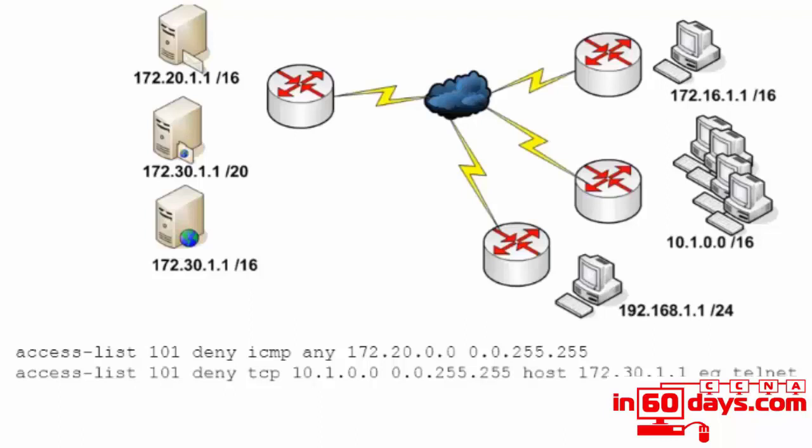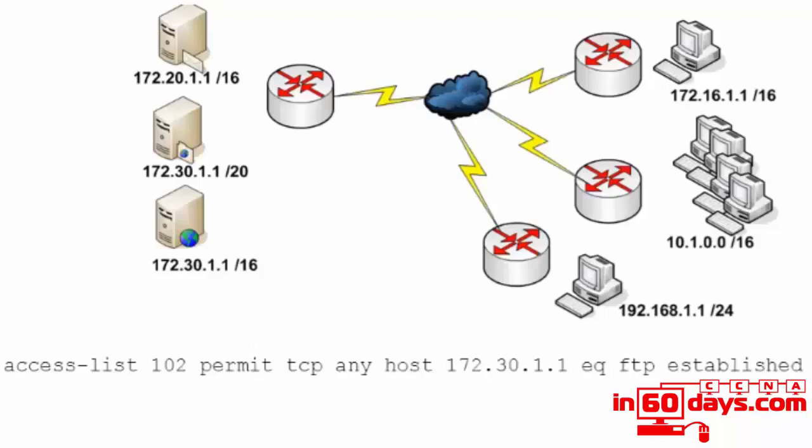So instead of TCP or UDP or anything else like that, we're denying ICMP, so any services that use ICMP, such as ping, from anywhere, we can type any, which stands for anywhere, to the 172.20 network. Next line, we're denying TCP from the 10 network to host 172.30.1.1 if they're trying to come in on the telnet port.